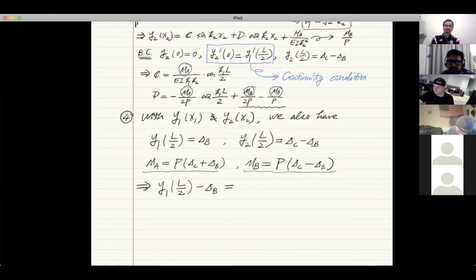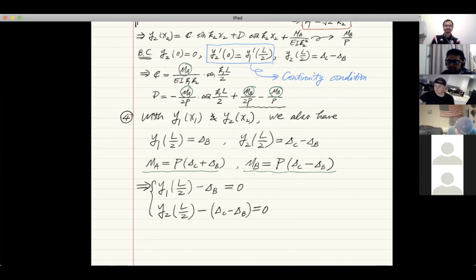When you write this, this equals 0. So this is just rearrangement of the first expression I gave you here. And similarly, the second expression is we're going to write y2 of L over 2 minus delta C minus delta B. This should also be 0.